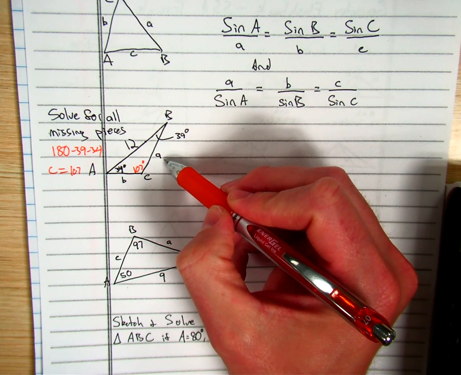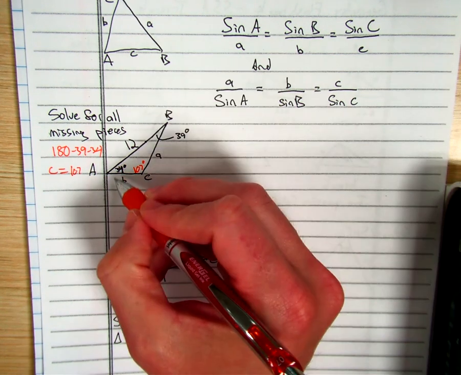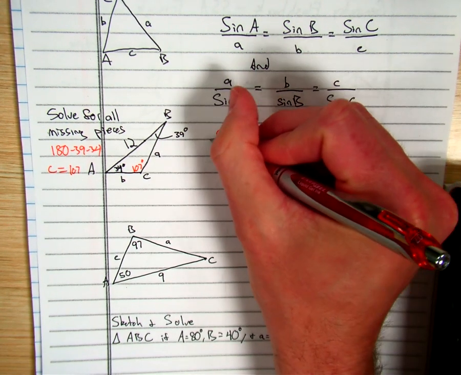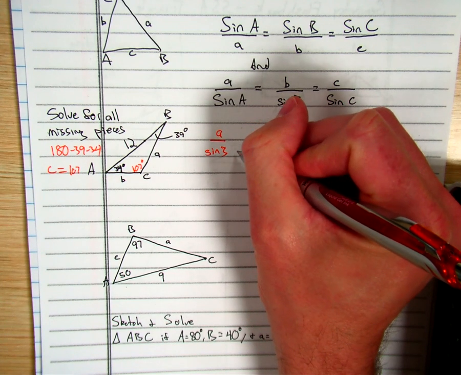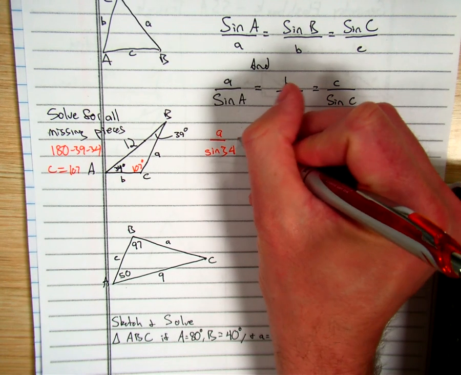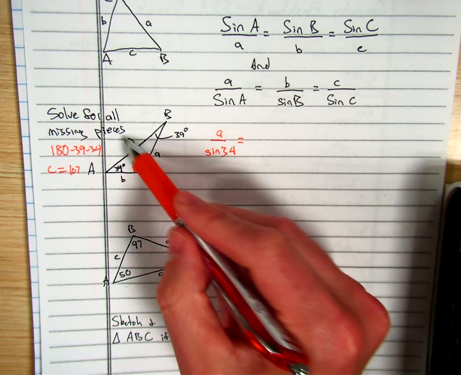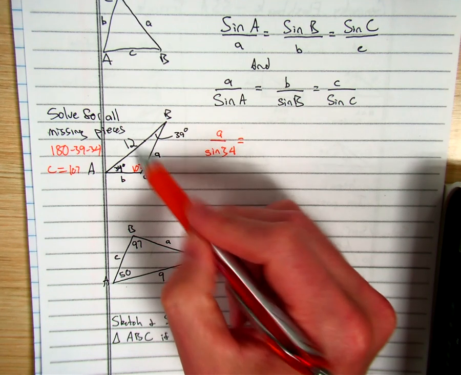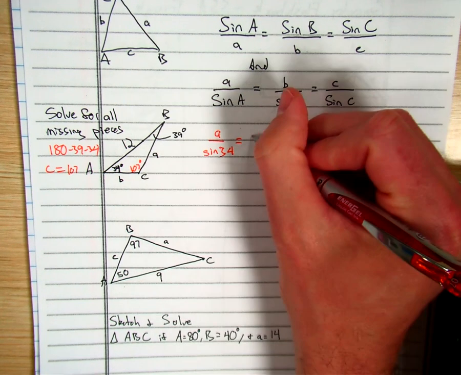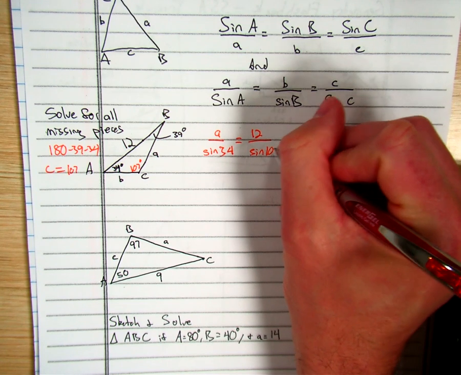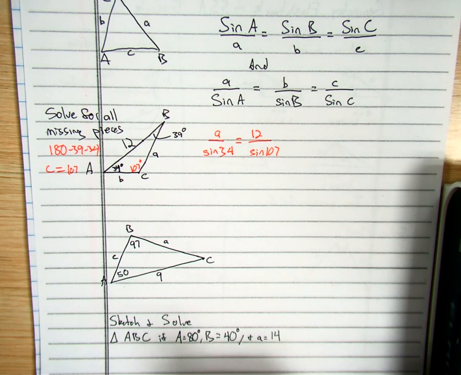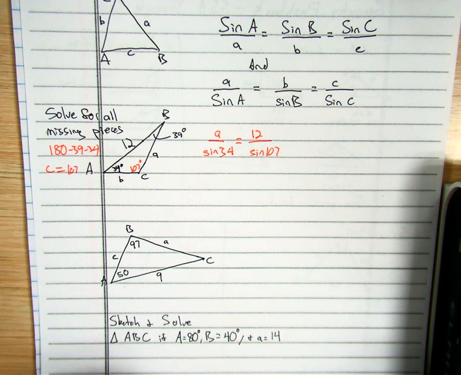If I want side length A, it's going to go over sine of 34, and it's equal to 12 over sine of 107. That's why you have to have a matching set. A over sine of 34 equals 12 over sine of 107.